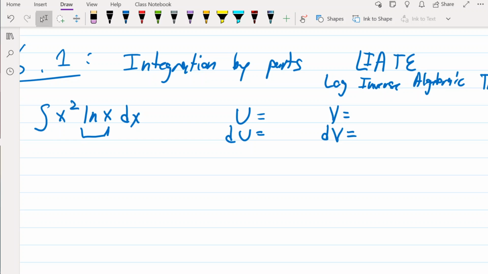Yeah, we're going to want to set this to our u because it's easy to take the derivative of. So ln of x, when we take the derivative, we get 1 over x. And that means we're going to set x squared dx equal to dv. And then when we integrate that, we get x to the 3rd power over 3.